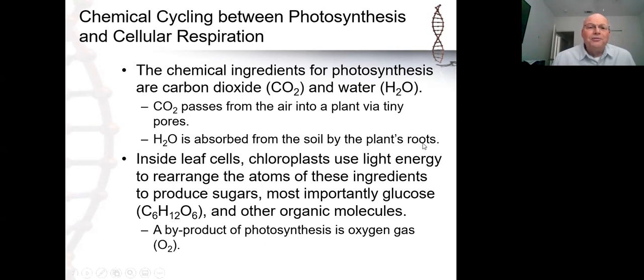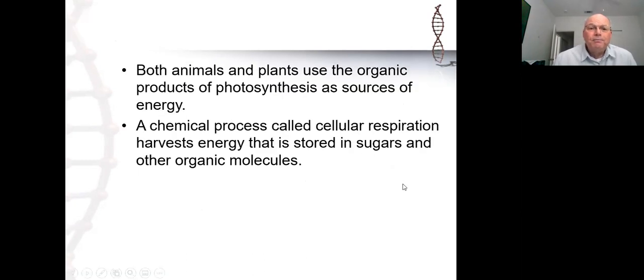What the photoautotrophs are consuming as the reactants for photosynthesis turn out to be the chemical byproducts of cell respiration that the heterotrophs are utilizing to access the energy stored in the organic molecules that are produced by the photoautotrophs as a product of photosynthesis, the food molecules. And the other byproduct, oxygen, happens to be the other reagent or reactant for cell respiration. So you have a chemical cycling going on.